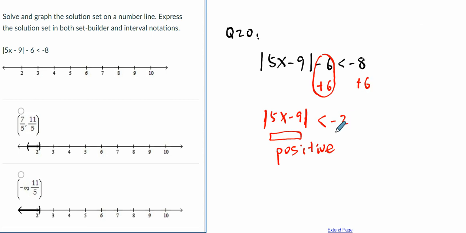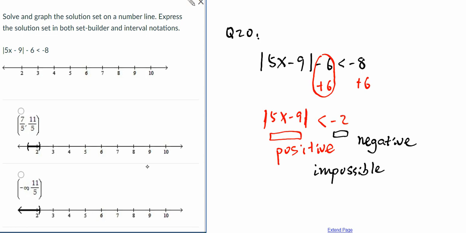This is negative, and impossible, because any value you put right here, the absolute value is positive. Positive cannot be less than negative 2. Even 0 cannot be less than a negative.